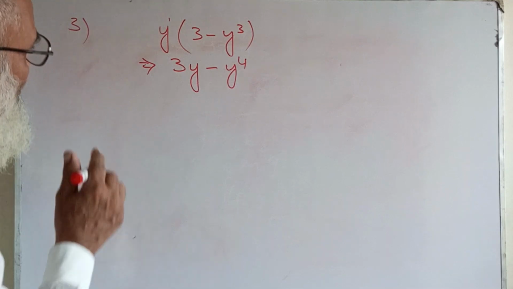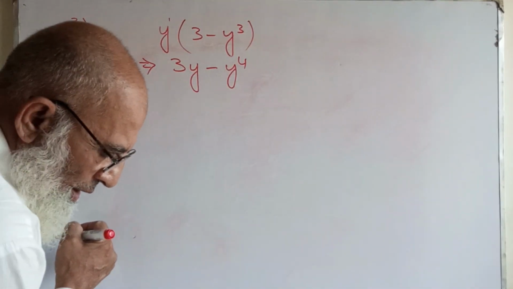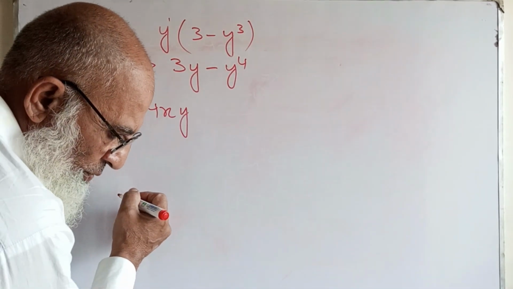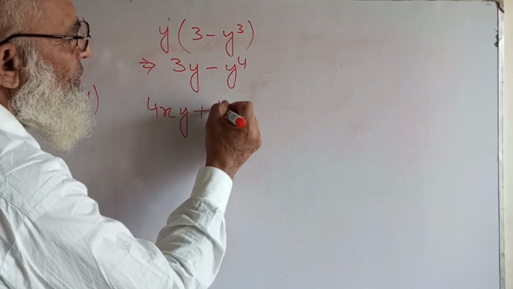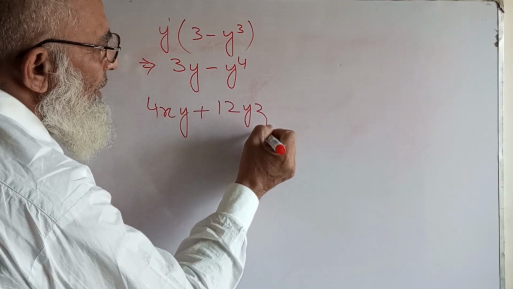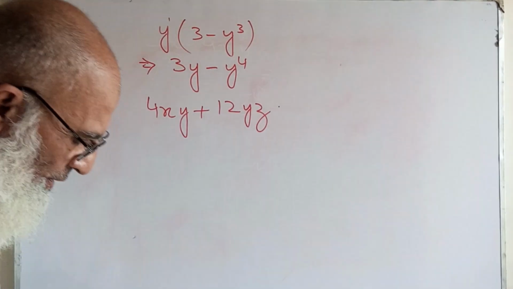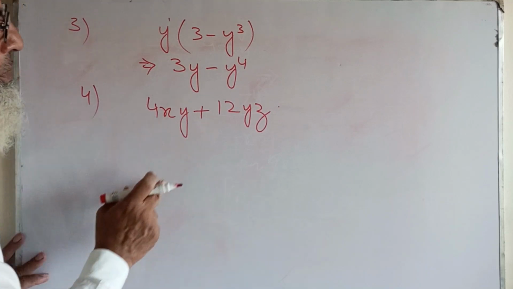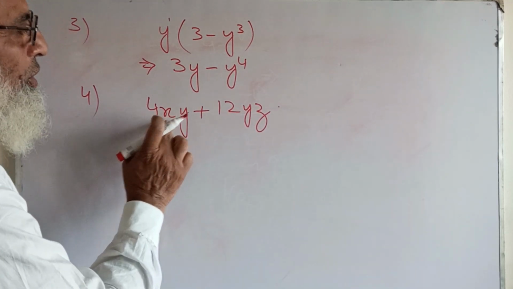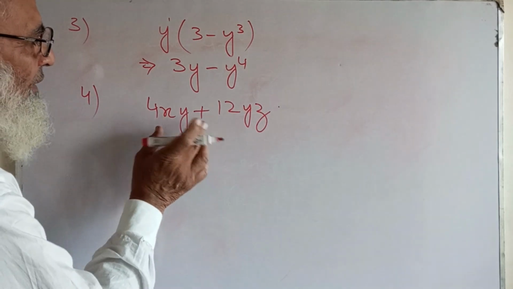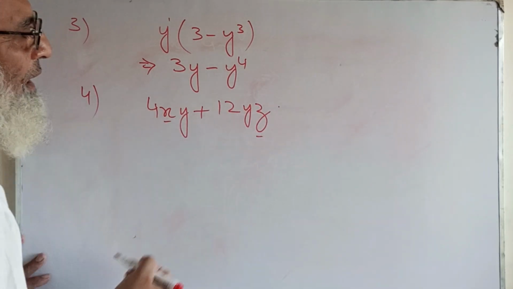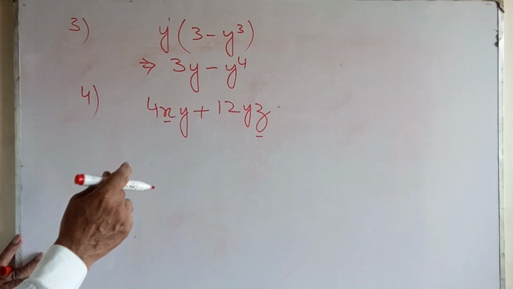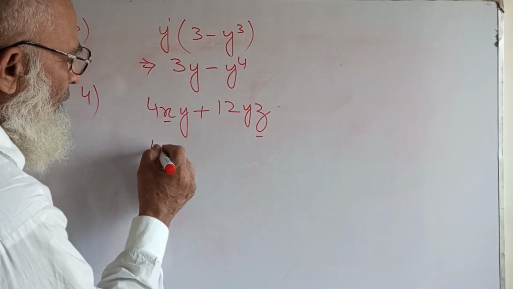Factorize completely: 4xy plus 12yz. Now you see 4 is common, y is common. x is not common and z is not common, so leave behind x and z, and bring out whatsoever is common. 4 is common between the two.